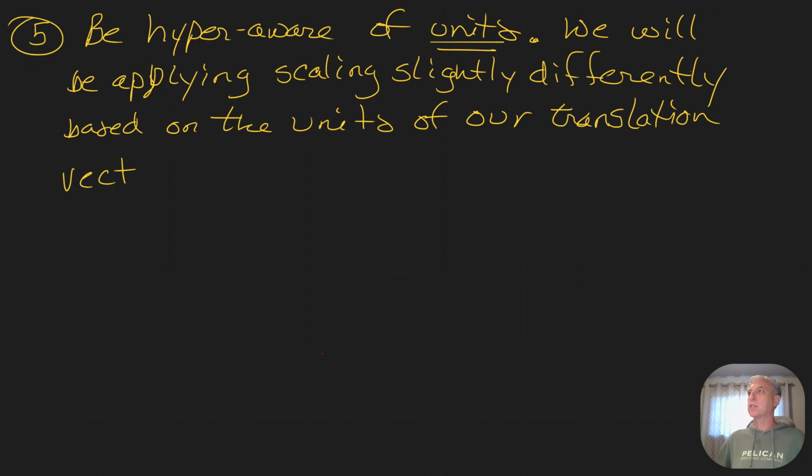And that will make sense when we talk about scaling. I'll revisit that so that we can be a little more clear on what that actually means. So be hyper-aware of units, as always, as we always should be and always do. We need to know what units we're working in.